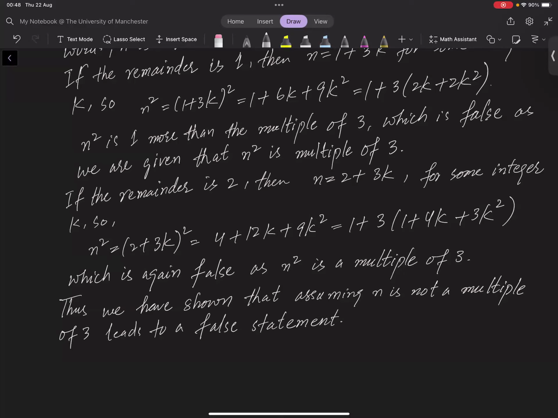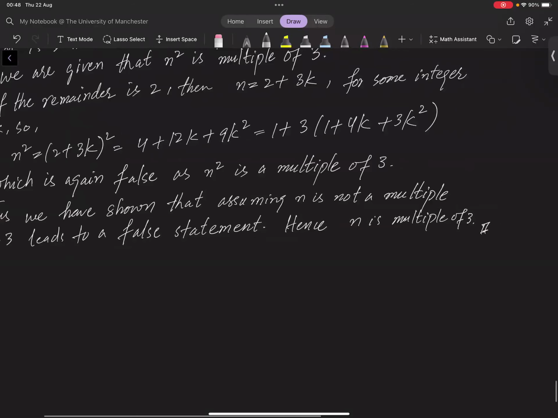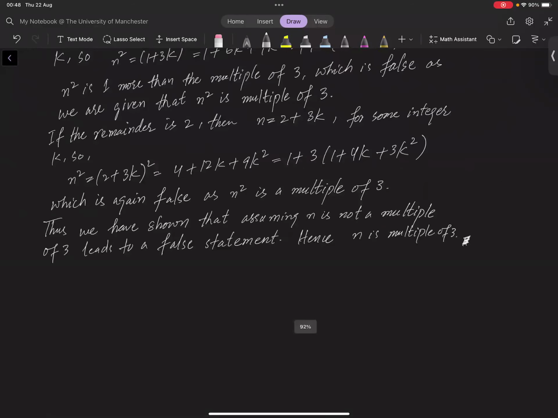Hence, as explained above, we have proved that n is a multiple of 3. Right.